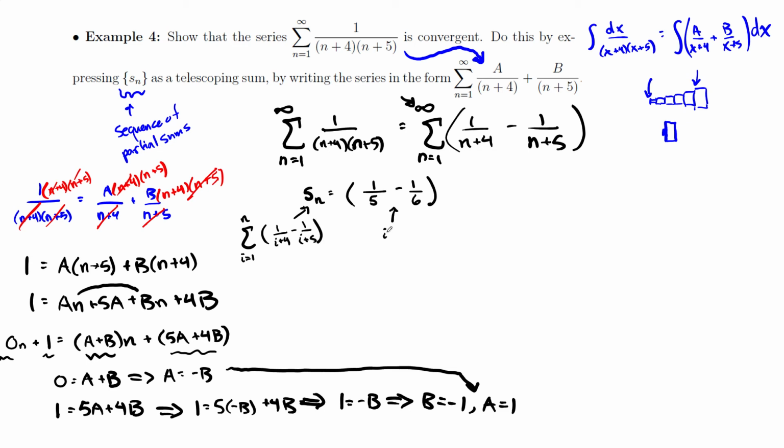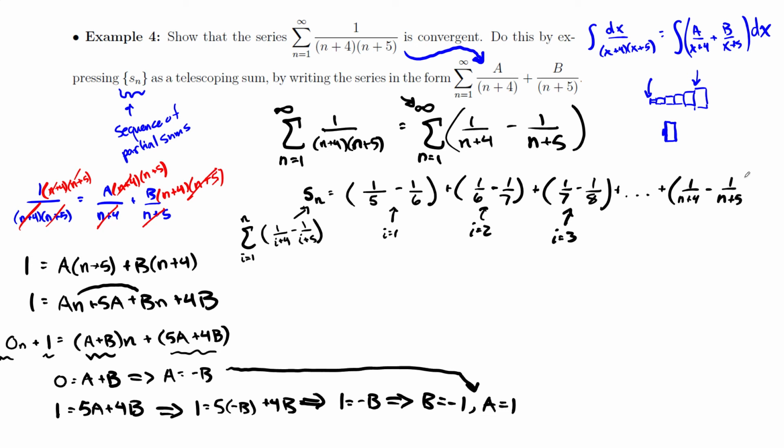So this is i equals 1, plus, when you put a 2 in for i, you get 1/6 minus 1/7, plus 1/7 minus 1/8 when i equals 3, plus dot dot dot, and then when we let i equal n, we get 1 over n plus 4 minus 1 over n plus 5.